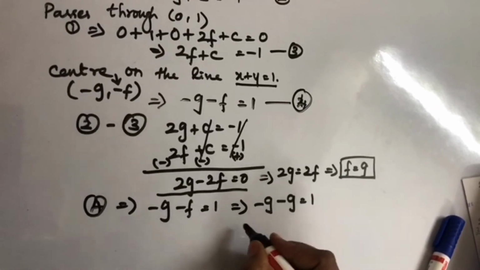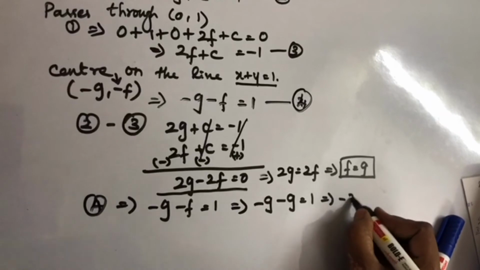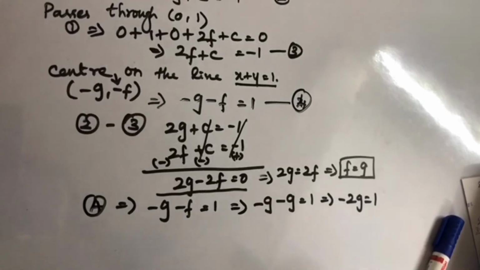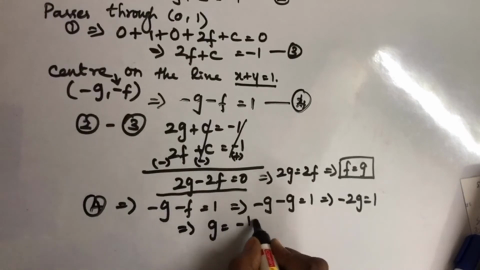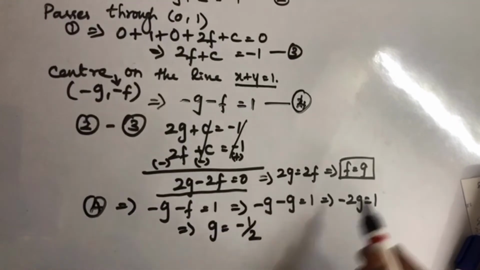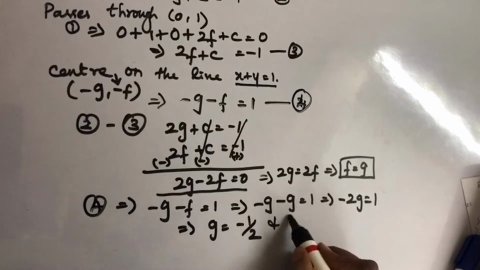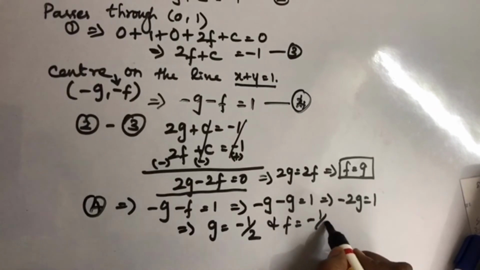So, that implies minus 2g equal to 1. So, g is equal to minus 1 by 2. As g and f are equal, f is also equal to minus 1 by 2.